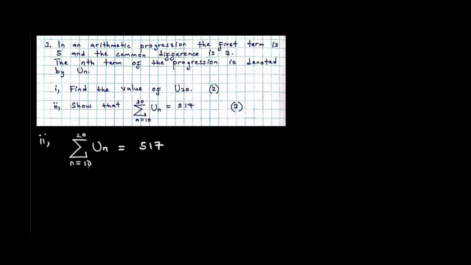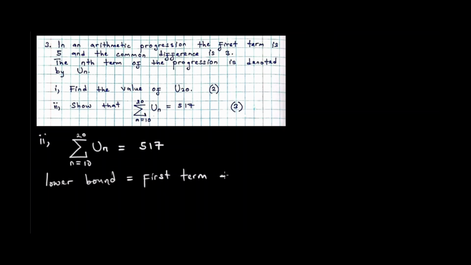It is important here to understand that our lower bound is 10. That's very important, because we are used to summations where our lower bound is 1, but in this case our lower bound is 10. So how do we deal with the case where our lower bound is not equal to 1? We first need to understand what the summation means. When we are told that our lower bound is 10, we just have to find the lower bound term, which is also going to be equal to our first term, and I'm going to explain what I mean.